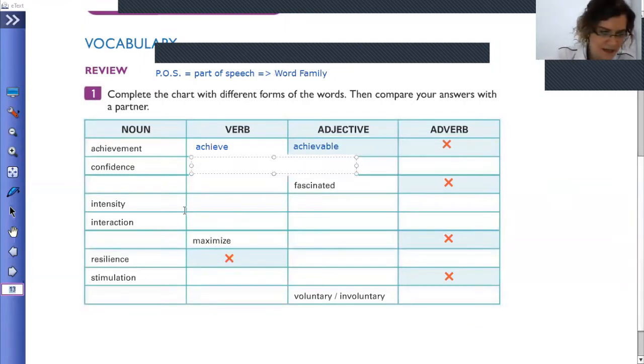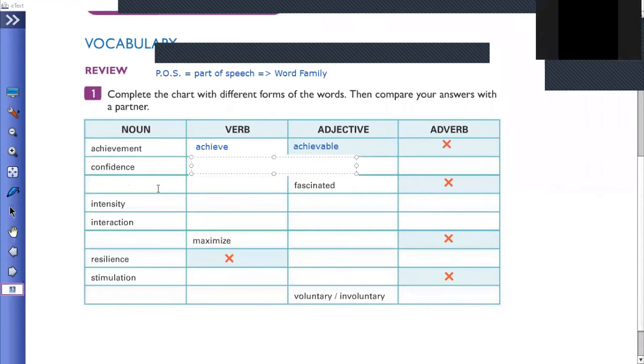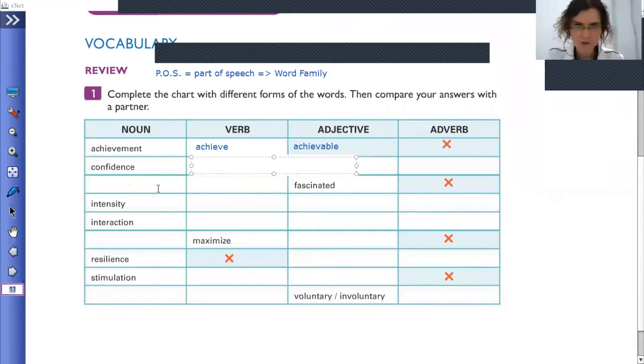Okay, now we continue with confidence. Someone else. Let me just spin my wheel of fortunate names. Aldi. Aldi, good morning. Good day. Hi. Can you do confidence, please? The whole row with the verb, adjective, and adverb. Go ahead.